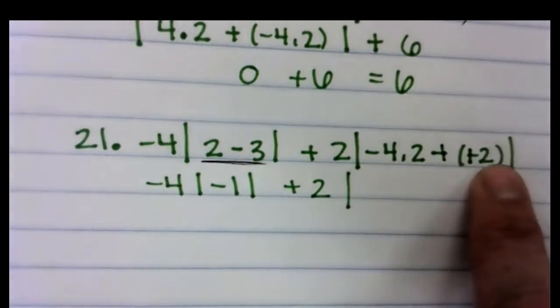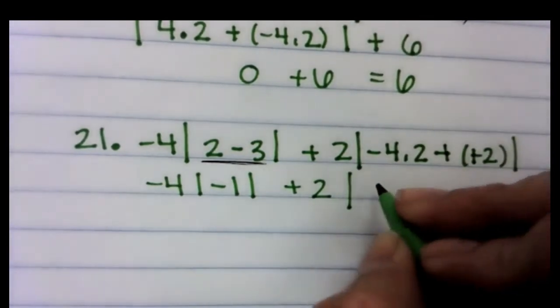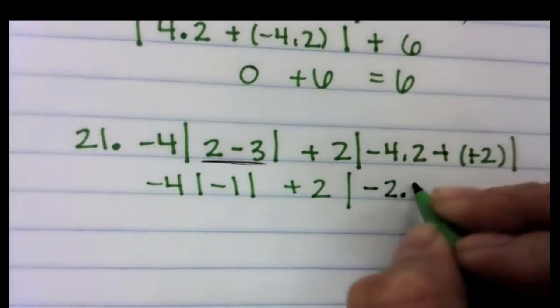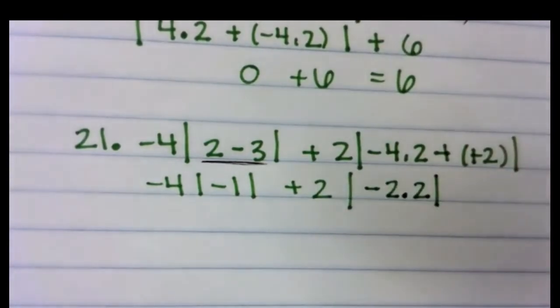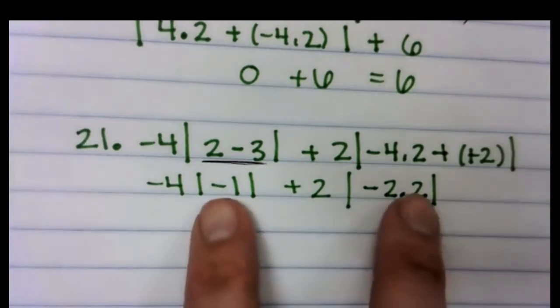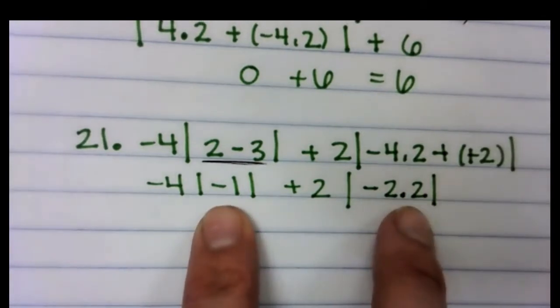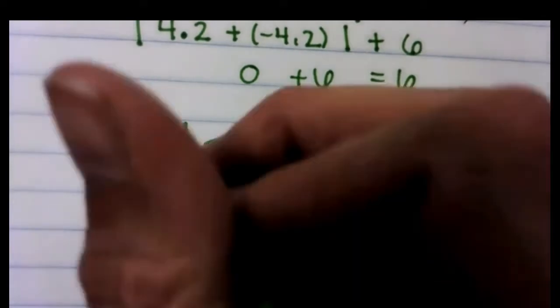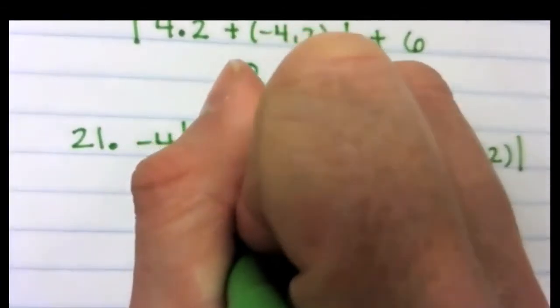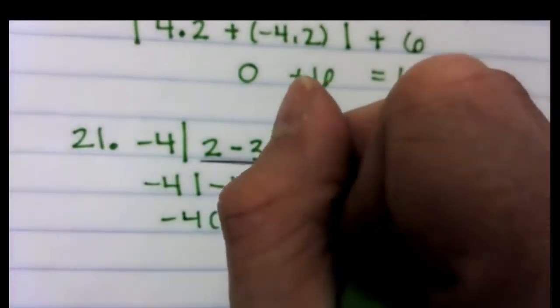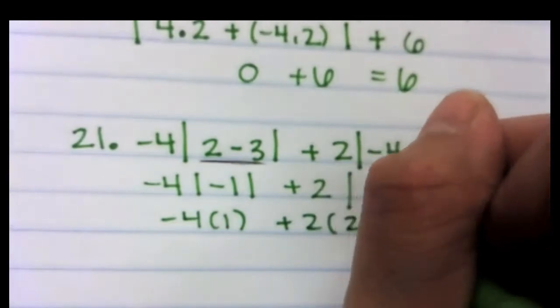So negative 4.2 plus 2 is negative 2.2. What does an absolute value do to those negatives? So we get negative 4 times 1 plus 2 times 2.2.